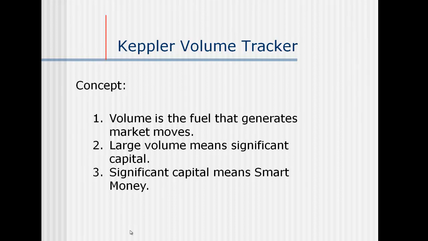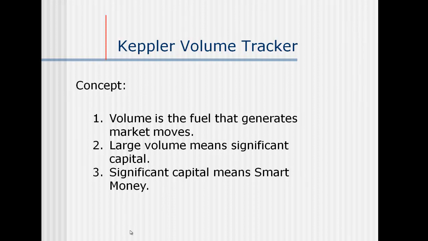Certainly, small individual participants in the market do not have the wherewithal to create market moves. Even though they may think that they are wealthy relative to the market, they're still a very small participant in the market.